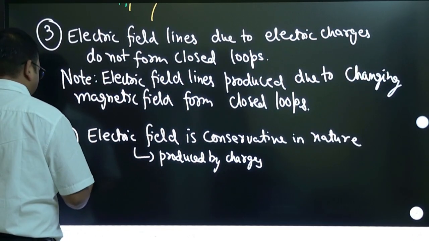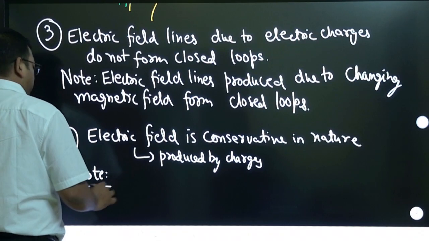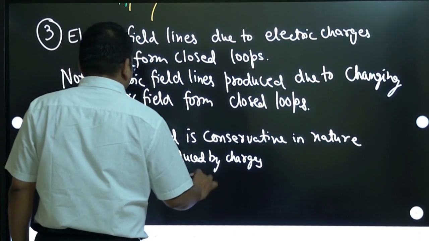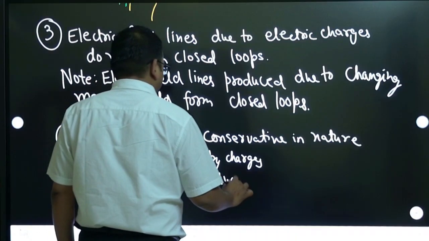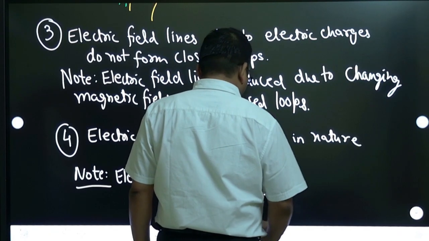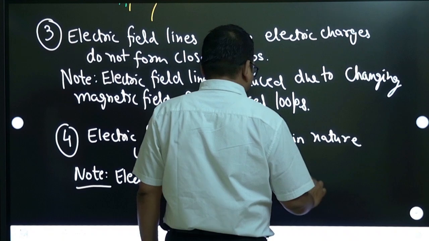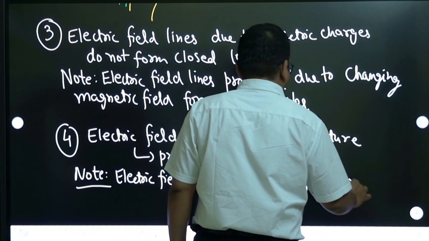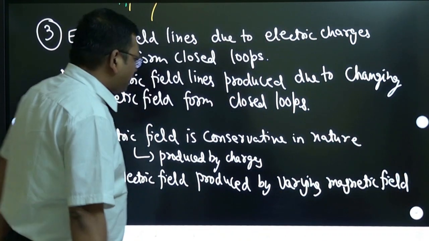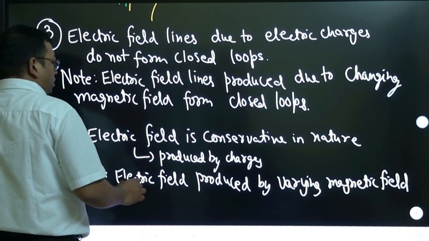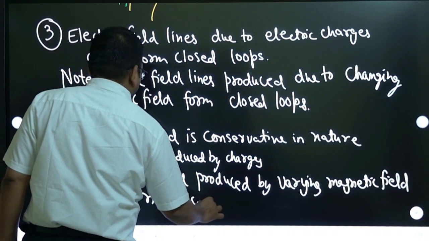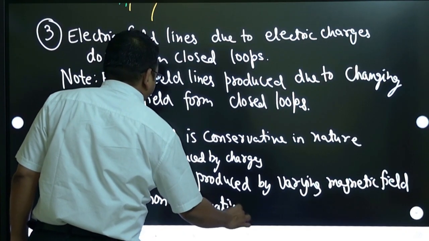What about another point, as I told? The electric field produced by a varying magnetic field is non-conservative in nature.